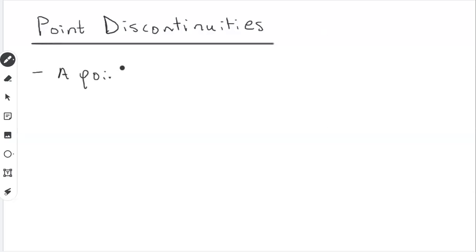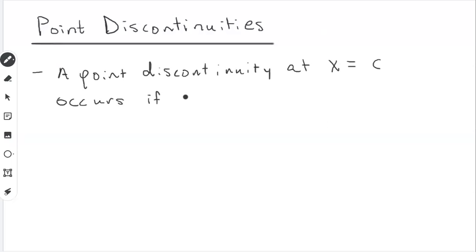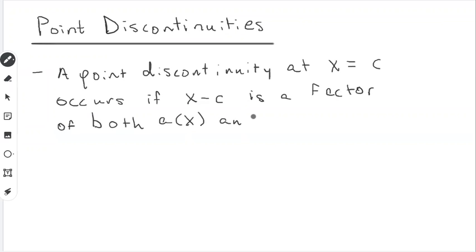A point discontinuity at, let's say, x equals c, where c is a real number, occurs if x minus c is a shared factor of both a of x and b of x.